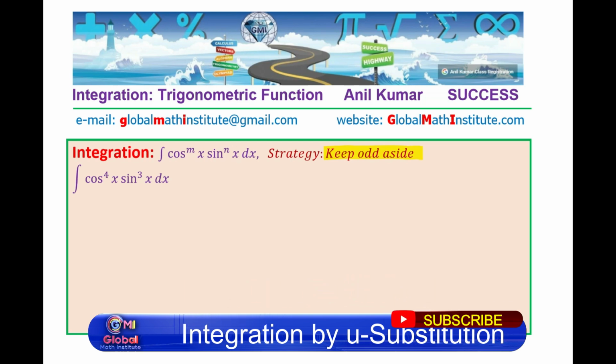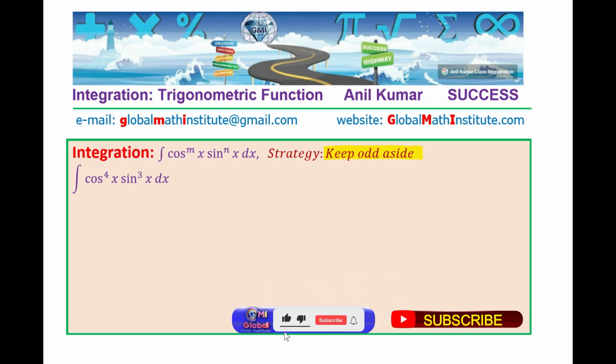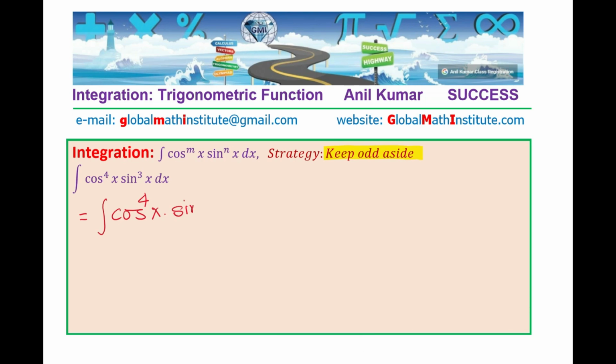Keep it aside means I will rewrite this as the integral of cos to the power of 4x times, taking the even degree part, sine square x, and then sine x dx. Do you see that? So what I did was split sine cube x into two components, the even and the odd.